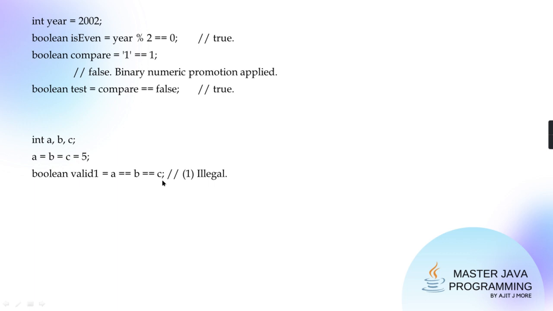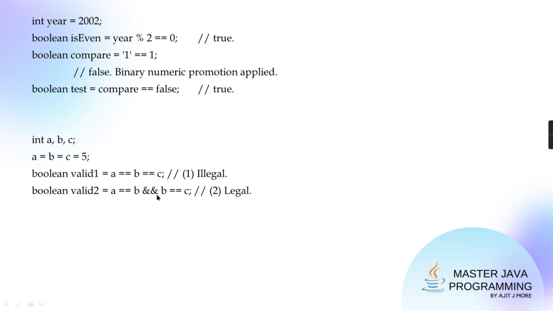It is associative, guys, unlike the relational operator. Here the problem happened because we went from left to right, and this comparison gave you Boolean, and this variable's data type is integer. So Boolean and integer is incompatible.